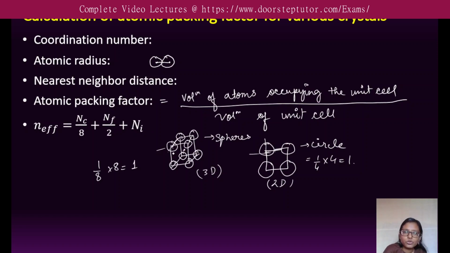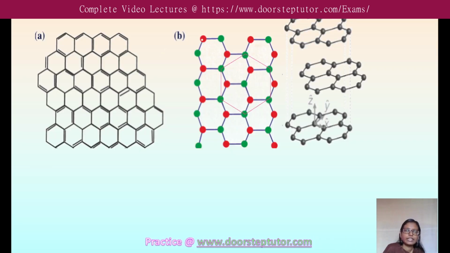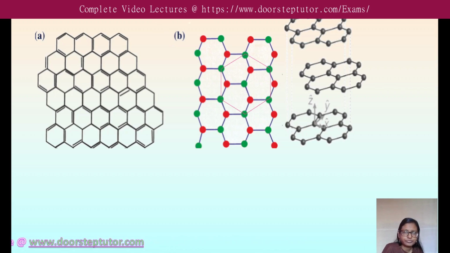All right. So next, let us study the structure of graphene, and also we will calculate the atomic packing fraction of graphene. See here, graphene is an atom thick sheet of carbon atoms.